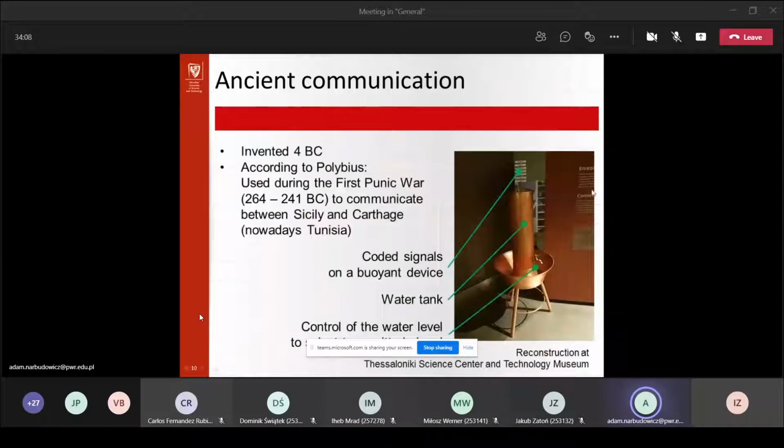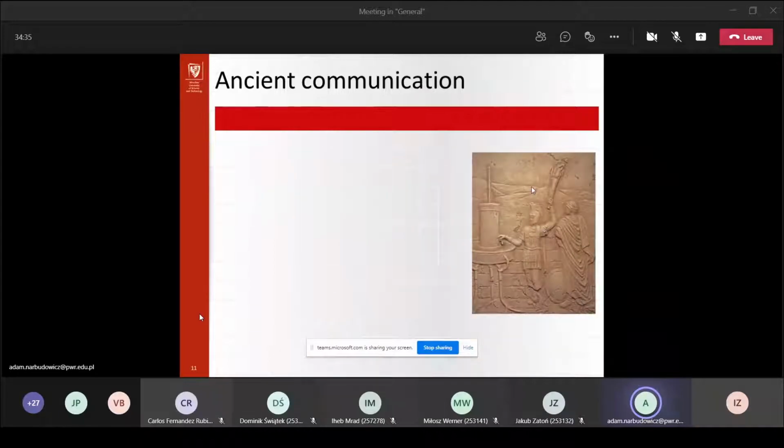Now, obviously, the problem here is that you have a very slow communication because adjusting the water level takes some time, and also you can communicate only as much information as you got precoded over here. So that's again not very efficient compared to modern standards.